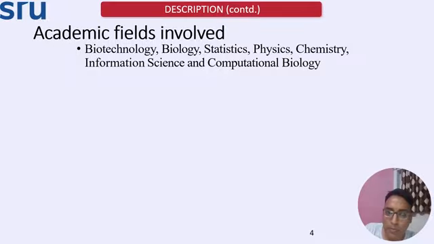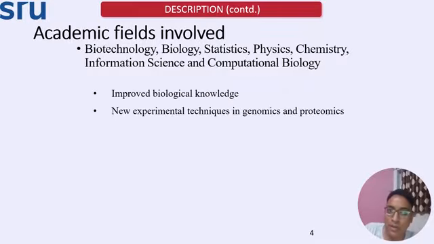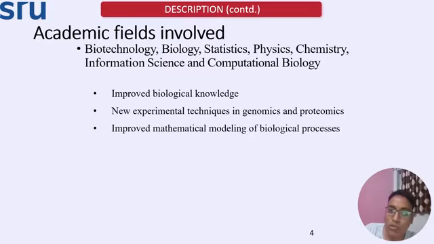This complete part involves several academic fields: biotechnology, biology, statistics, physics, chemistry, information science, and computational biology. And what is all of it giving us? Improved biological knowledge, and new experimental techniques in genomics and proteomics to validate the required data.